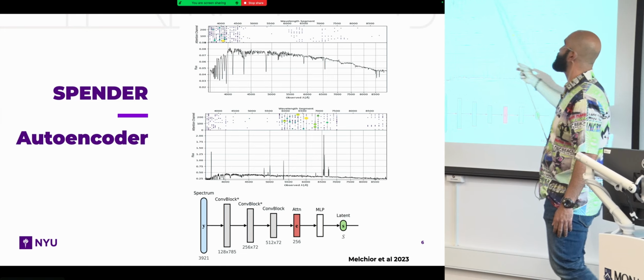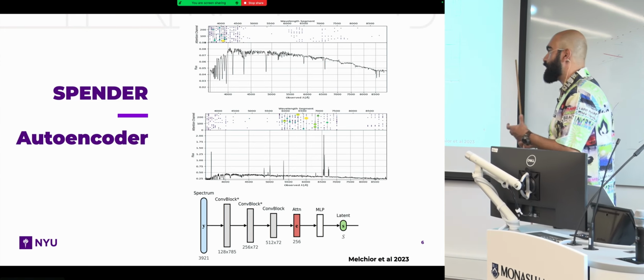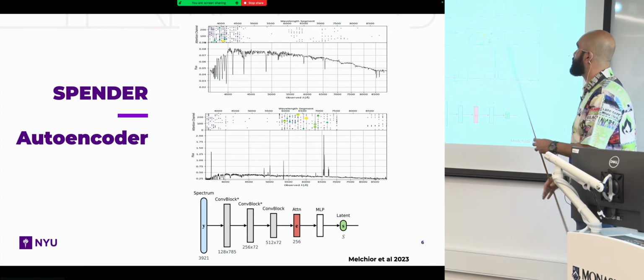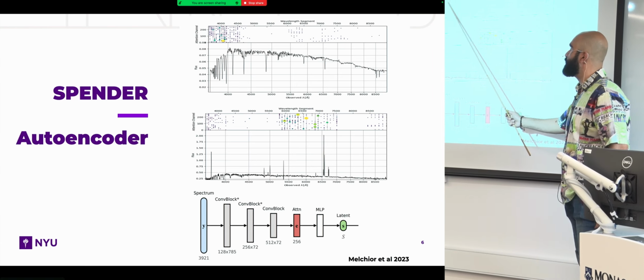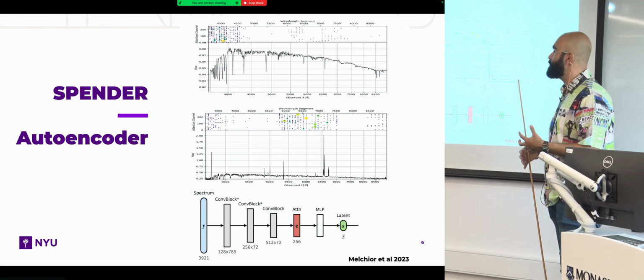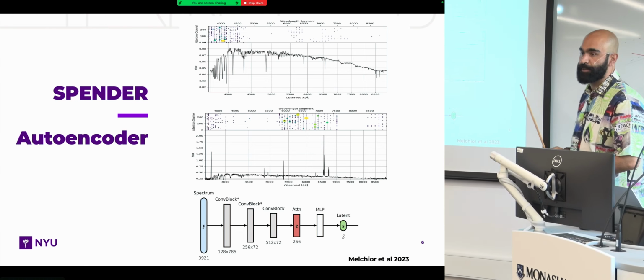As you can see, what we can see here is just the continuum. The continuum really is a result of the underlying stellar population that is observed within that fiber. So this really traces the stellar population and can tell us something about the age, the metallicity, and the characteristics of the stellar population that could produce this continuum.